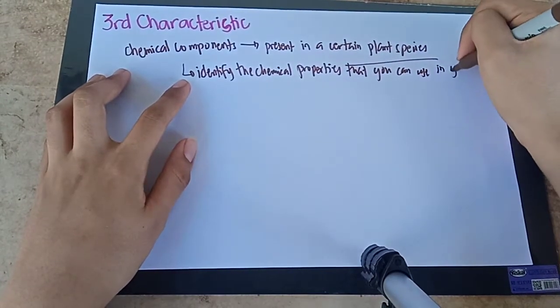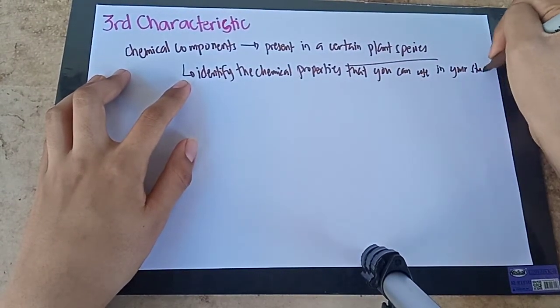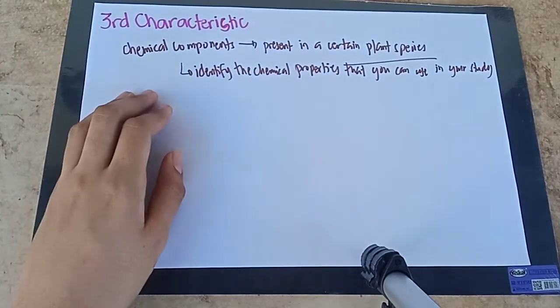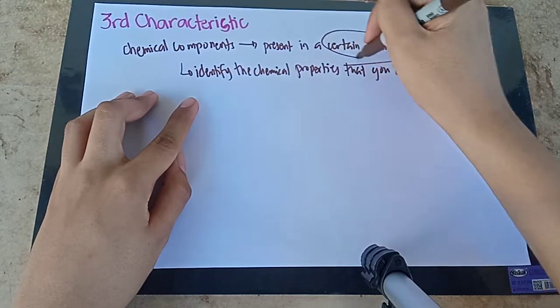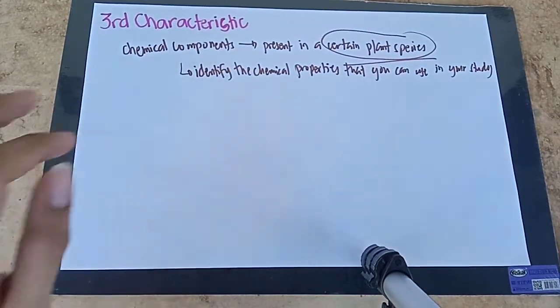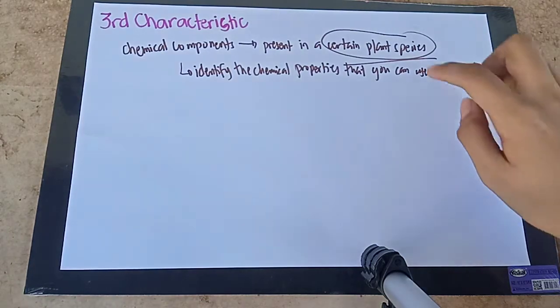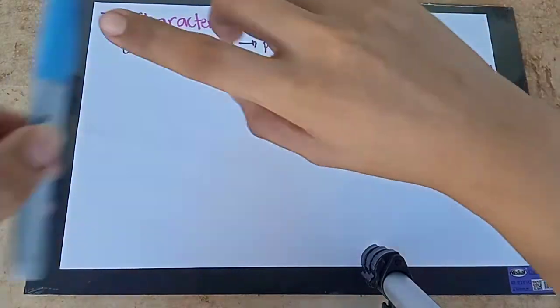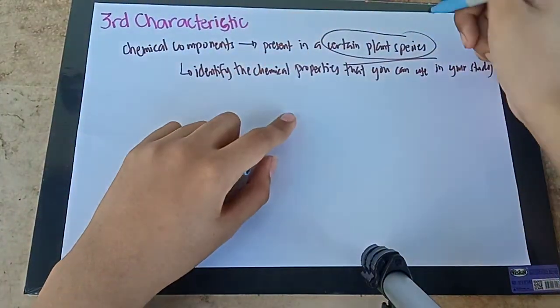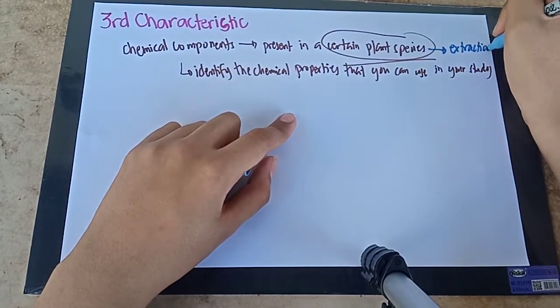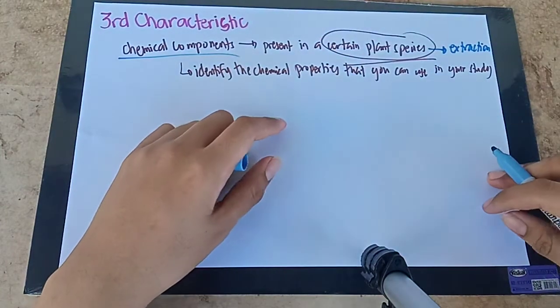In order to do that, you must subject this certain plant species to a method or experimental method known as extraction, so that you can identify the different chemical components.